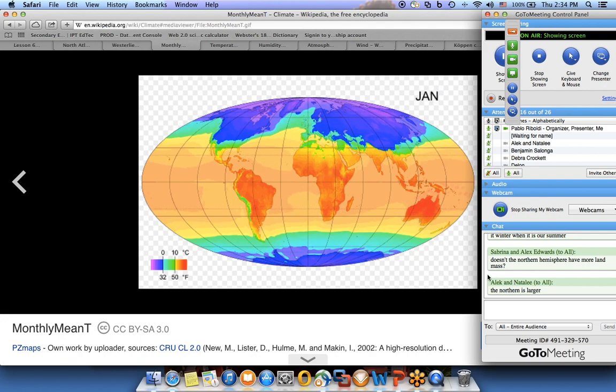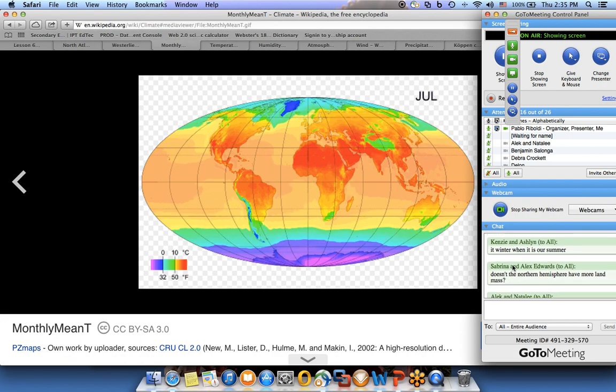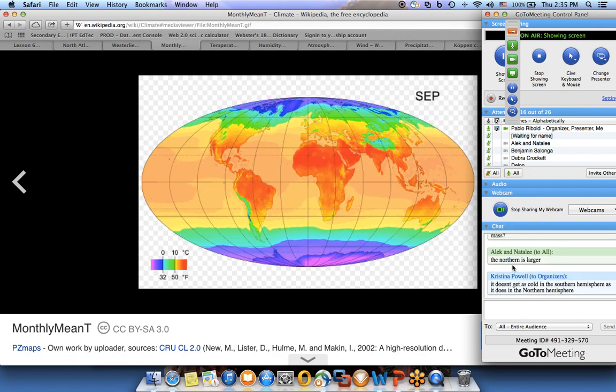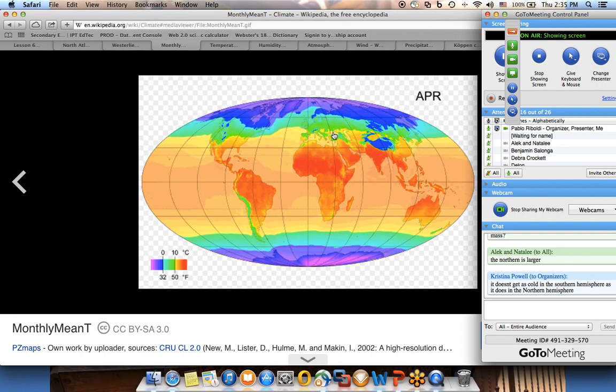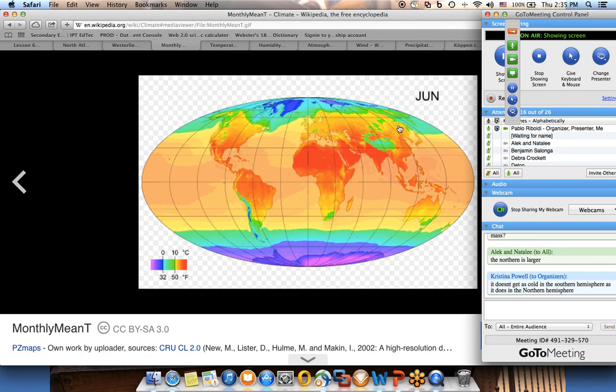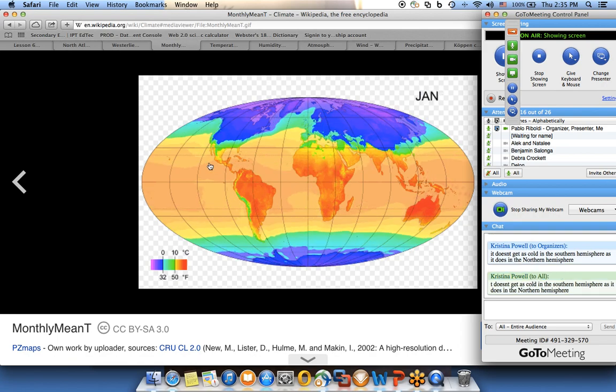So Sabrina and Alex Edwards say, doesn't the northern hemisphere have more landmass? Yes, it has a lot more landmass. Both North America and Europe and Asia are a lot more massive in the northern hemisphere.